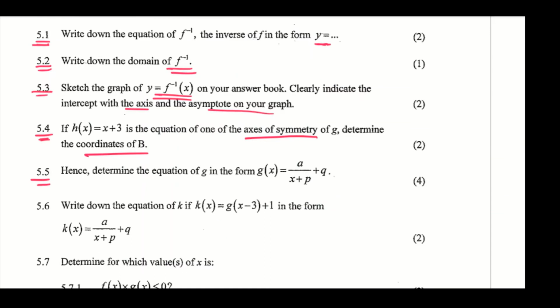Now 5.5, we are asked to determine the equation of g. Remember, we now have our intercept of asymptotes being minus 2 and 1. So it's going to be easier now to find our value of g.